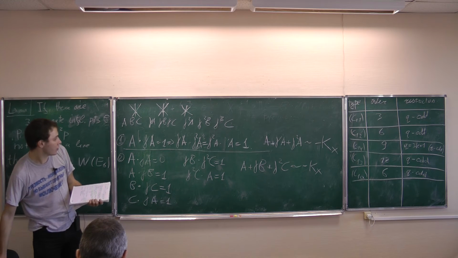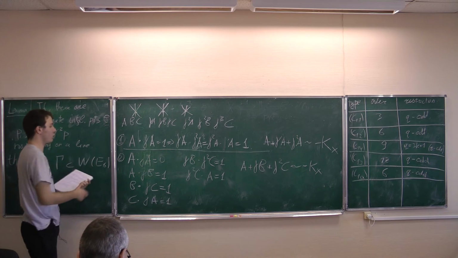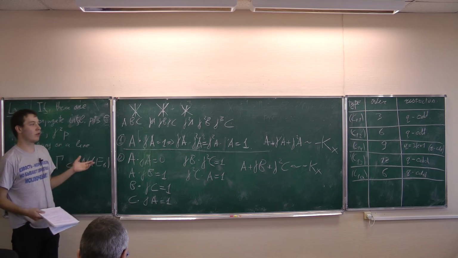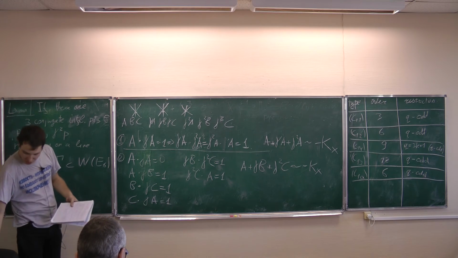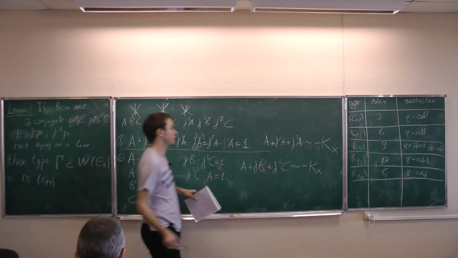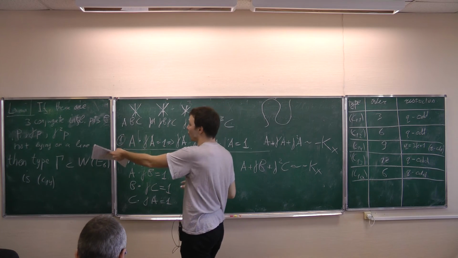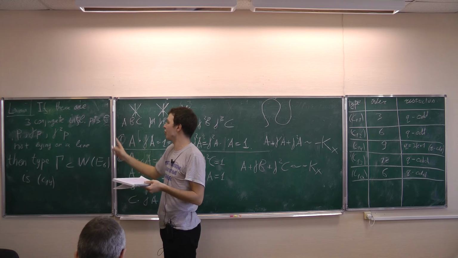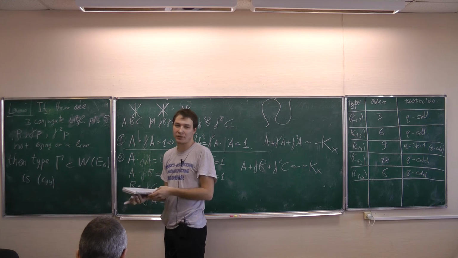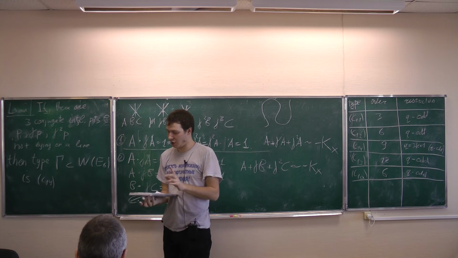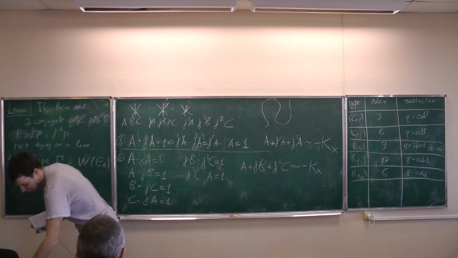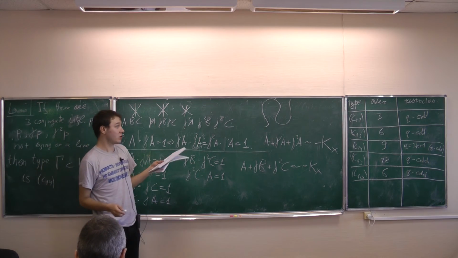So applying this lemma, we reduce the construction of our cubic surface to the construction of an elliptic curve with a given property, with 3 conjugate inflection points not lying on a line. I don't have much time to do it, since I have only 10 minutes.